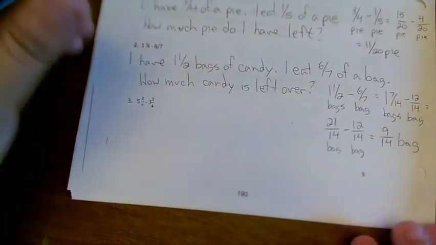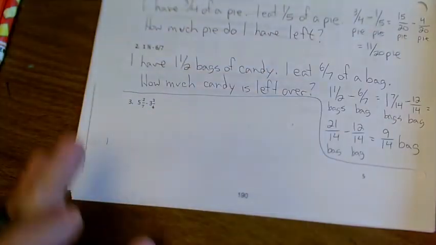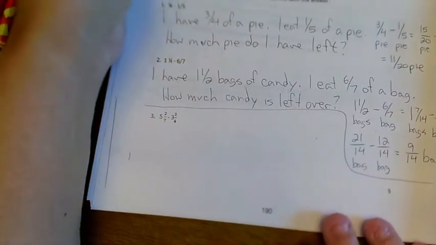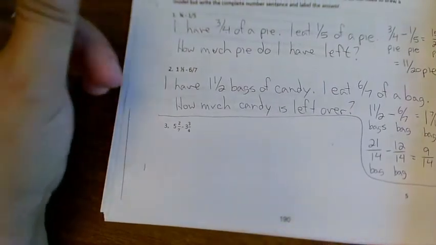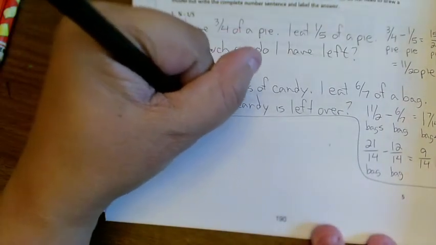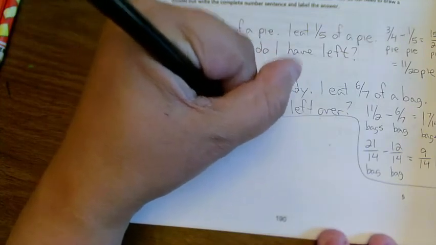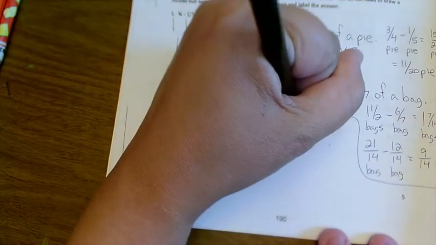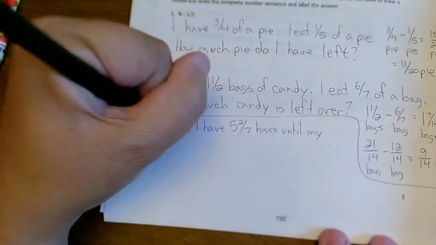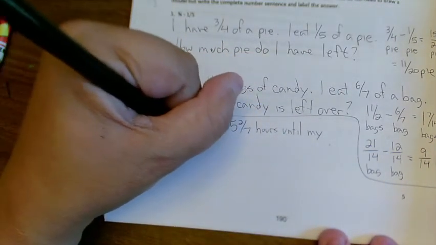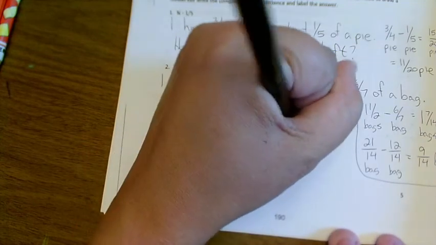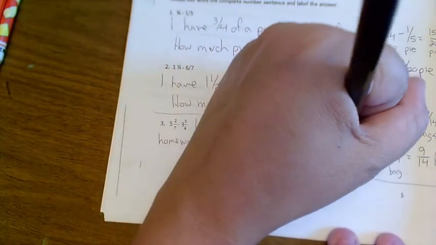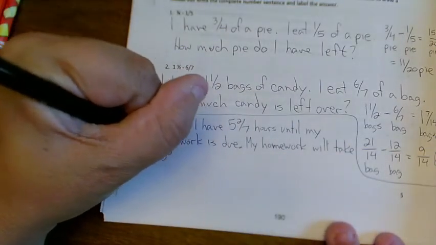Okay. All right, and then finally, 5 2/7 minus 3 3/4. So I'm going to write one of my favorite word problems a student ever wrote me before. So I have, maybe you can relate, I have 5 2/7 hours until my homework is due. My homework will take 3 3/4 hours.